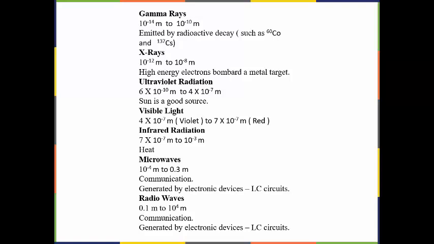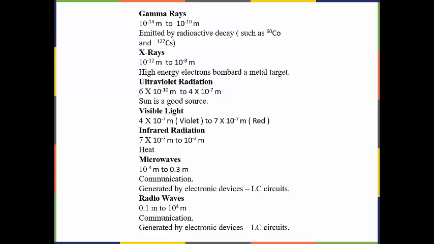If we look at the most energetic to the least energetic, we start with gamma rays. These are emitted by radioactive decay and come from isotopes such as cobalt-60 and cesium-137. We can create X-rays by taking an electron, getting it moving very fast, and having it collide with a metal target.